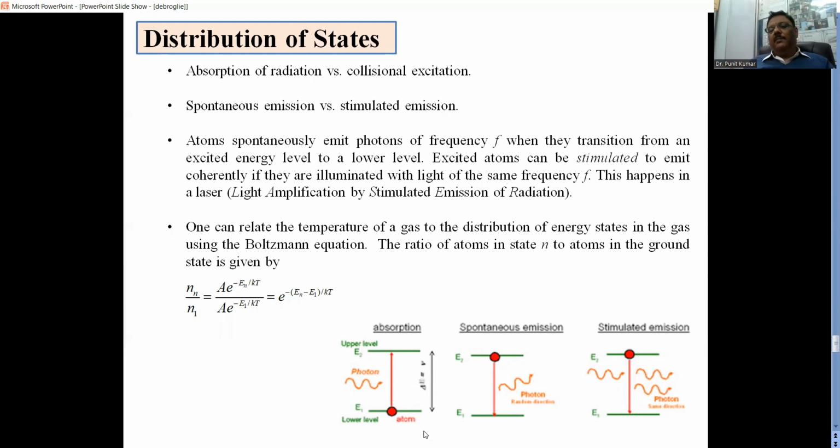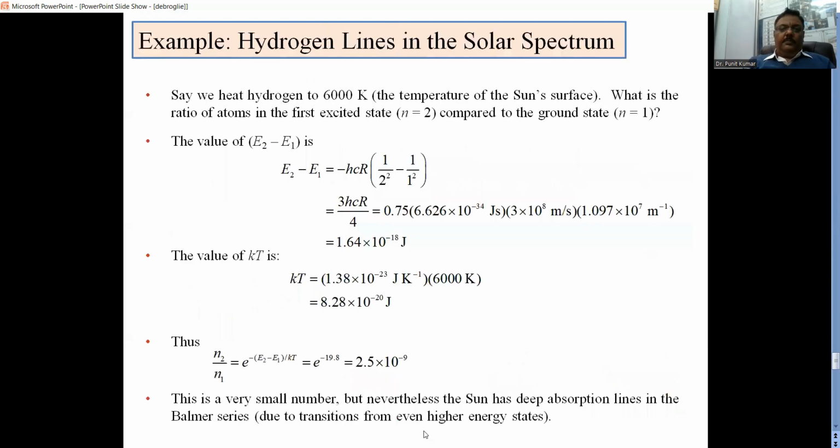Emission takes place when the electron comes from a higher orbit to a lower orbit, emitting a photon. If a photon is incident and it induces the transition from the higher level to a lower level, and consequently two photons are emitted, it is stimulated emission. This is related to the temperature.